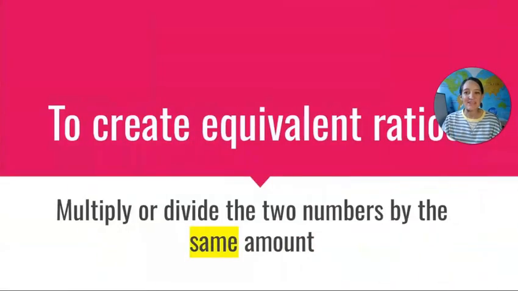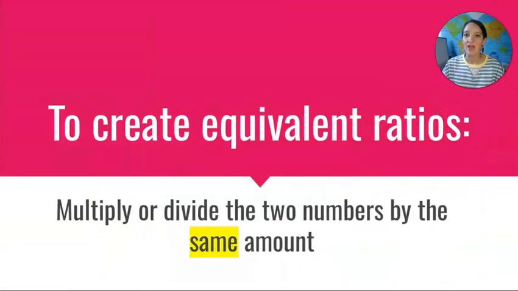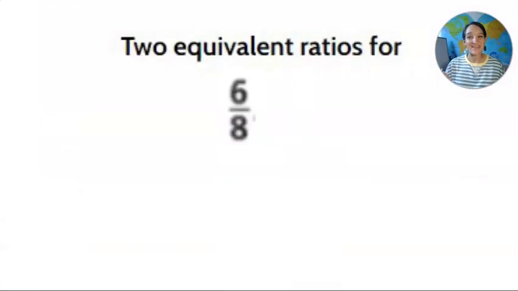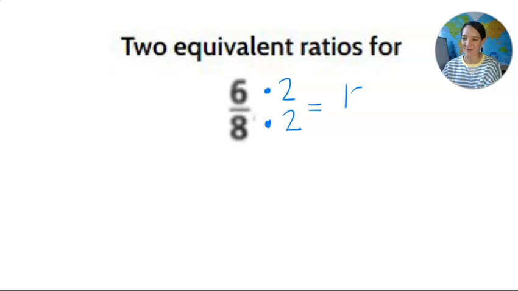So how do we get these equivalent ratios? Well, we either multiply the two numbers by the same thing, or we divide the two numbers by the same thing. Let me give you an example of this. If we have the ratio 6 to 8, I can create an equivalent ratio by multiplying the top and the bottom by the exact same number.